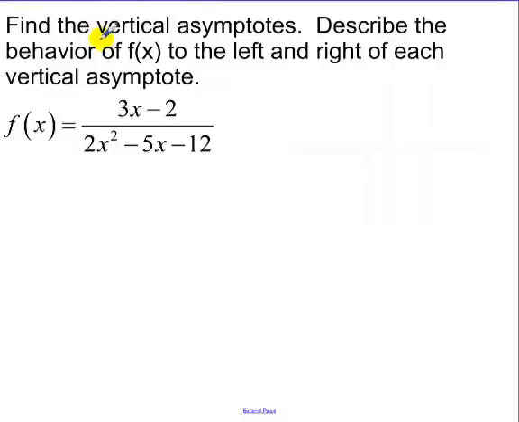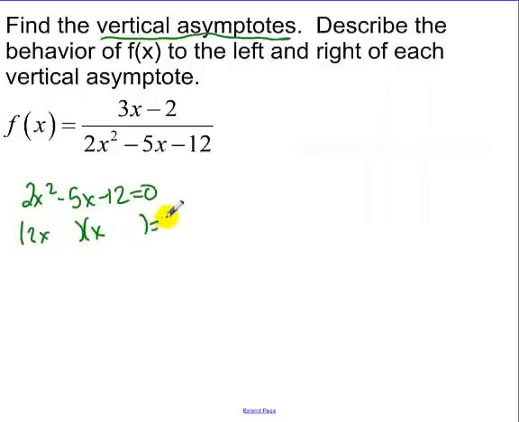So finding the vertical asymptotes. Remember, that's when the bottom equals 0. So I'm going to set the bottom equal to 0, and then I'm going to factor it. I'm not going to go through factoring; you should know how to factor on your own. Then solve this to get negative 3/2 and 4.